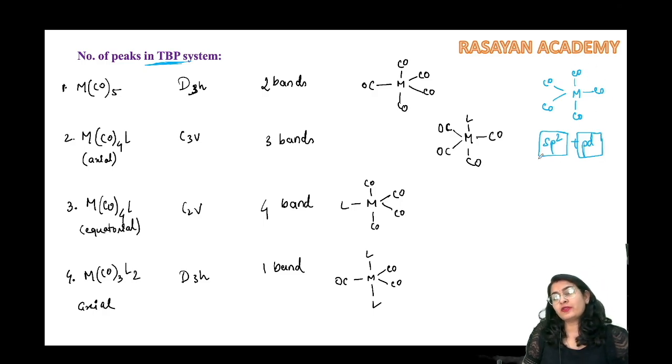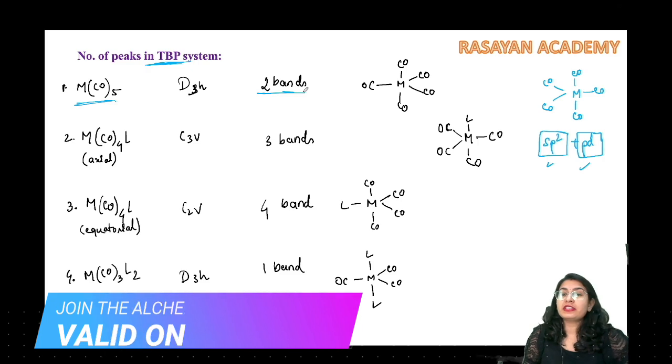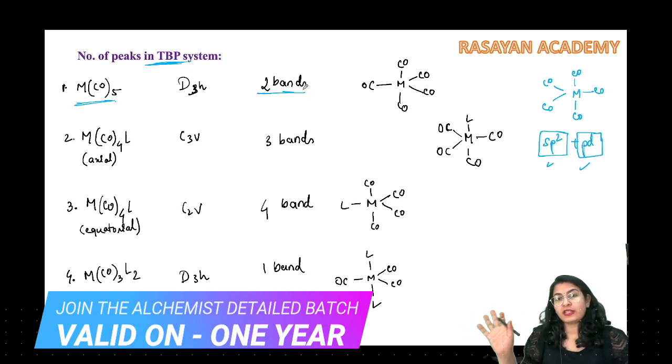So there is a difference in the orbital composition. That means a difference in bond length, a difference in bond angle, all those things. Because of that, even though all of the ligands are the same, it is not going to give us one peak. It is going to give us 2 bands. One is for the equatorial and the other is for the axial.